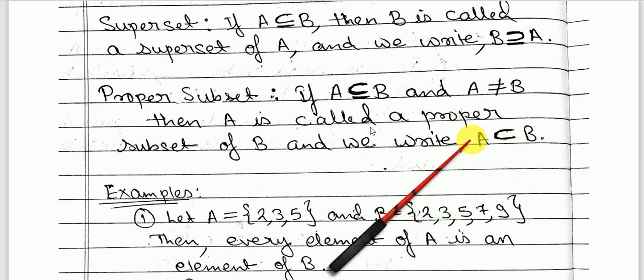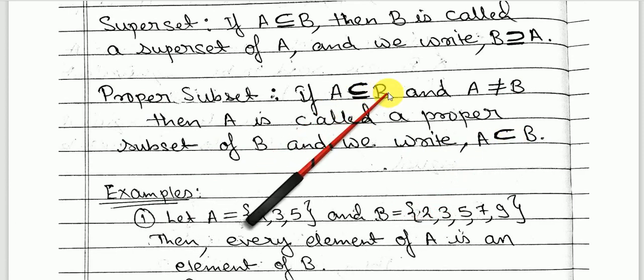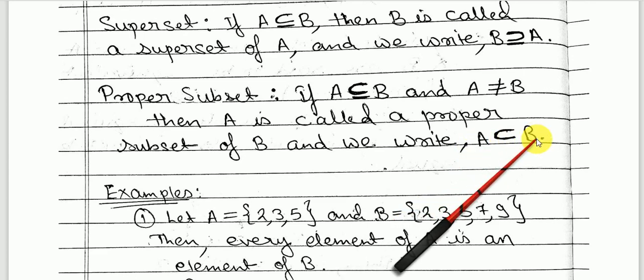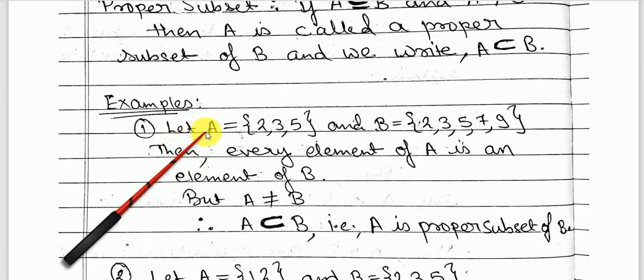When we write A is a subset of B, it may happen that A is equal to B. But when we write A is a proper subset of B, it means that A is not equal to B. Here let us see a set A.